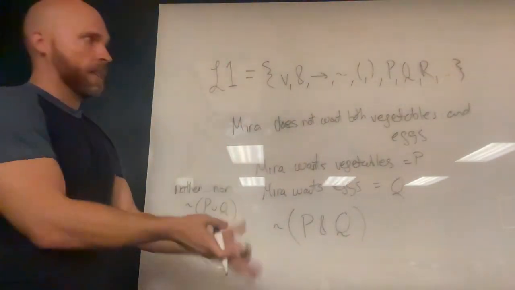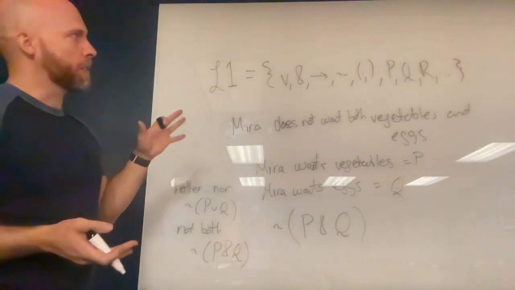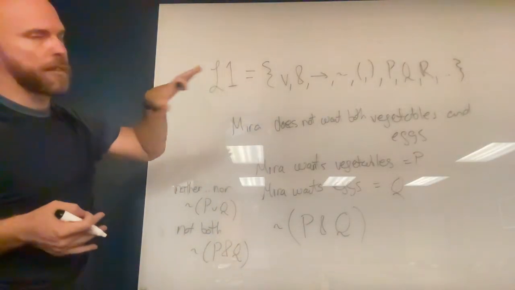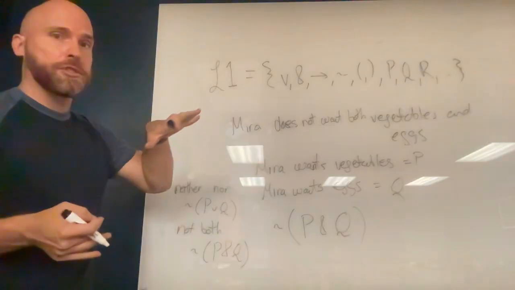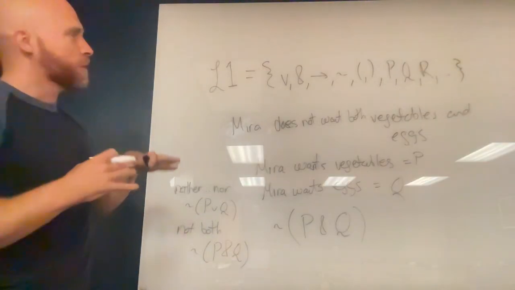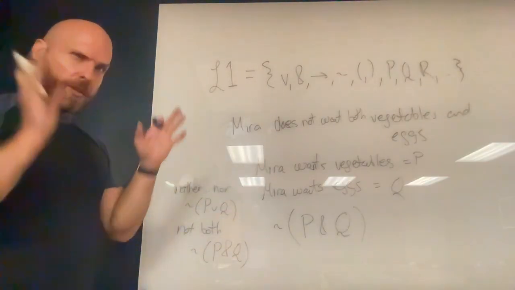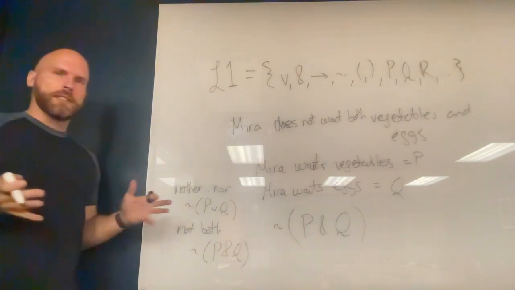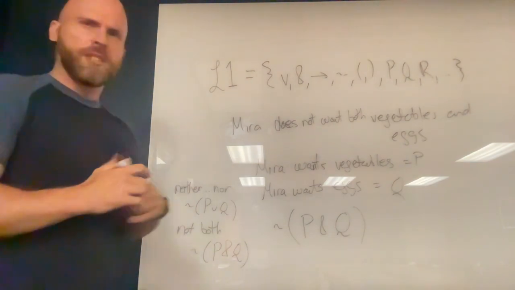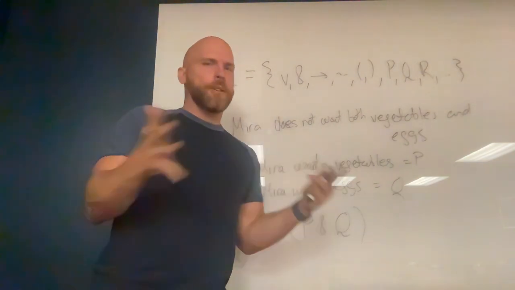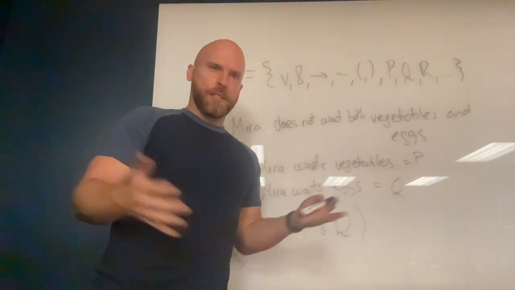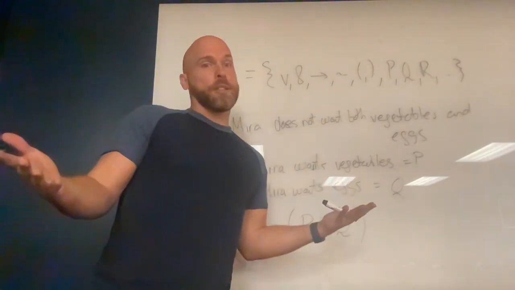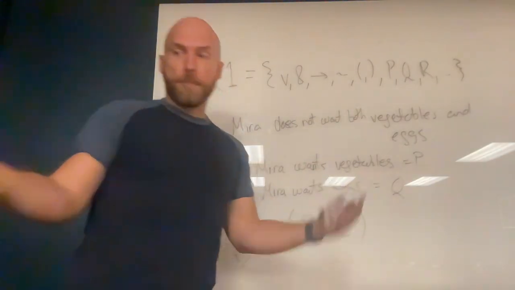Just check yourself. Is that appropriately translated based on our understanding of truth tables for negation, disjunction, and conjunction? If you've got this heuristic in mind, there's a clear translation, so you don't have to think very hard when you're doing the translation. It's kind of a recipe. I don't want you to get tripped up on these, so keep the recipe in mind.